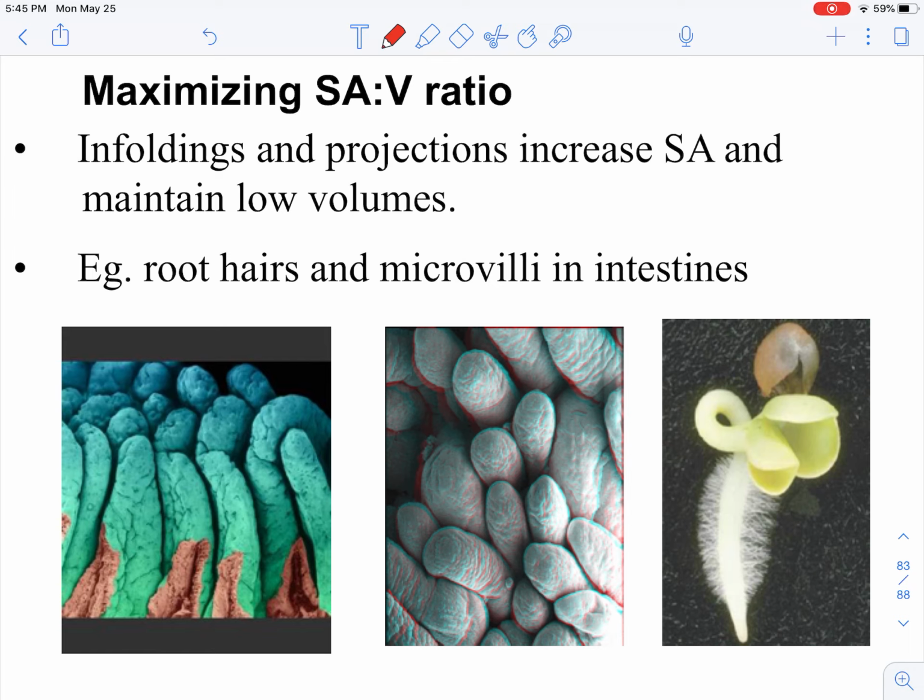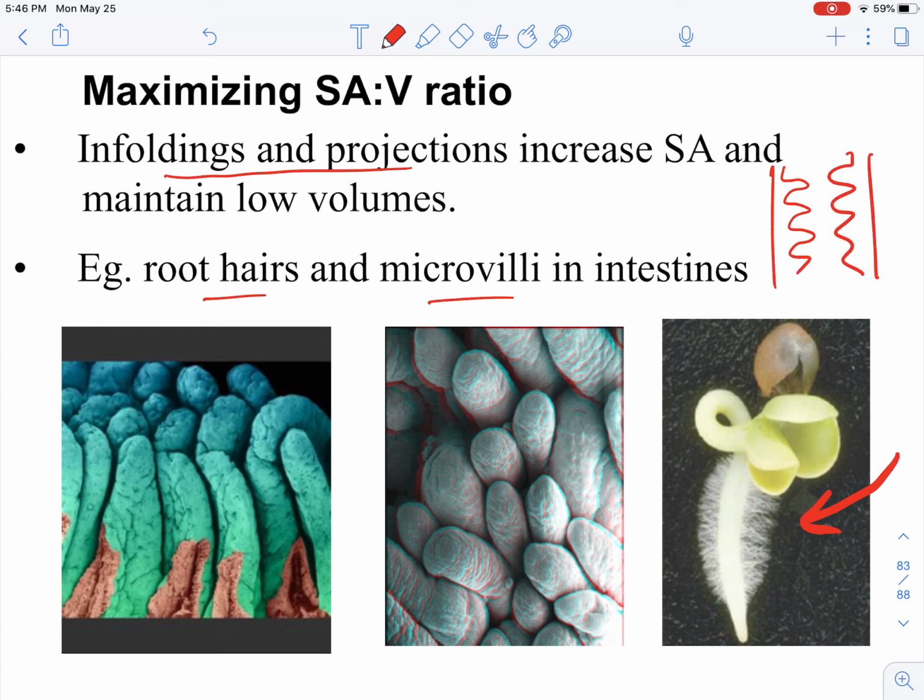So what happens is our cells are small, and organisms have other ways to make sure that surface area remains high. They end up having infoldings, like the infoldings of the center of your stomach, for example, or the number of root hairs that plants have. Or in your small intestine, the inside not only has villi.